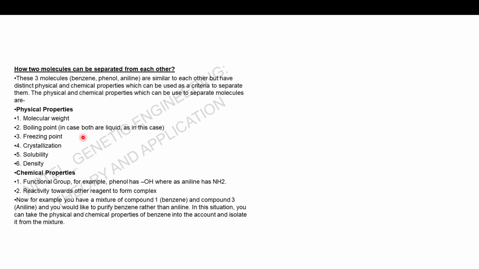Based on the time points when one liquid is evaporating faster than the other, we can separate out the two liquids. Freezing point or crystallization, solubility, as well as the density.